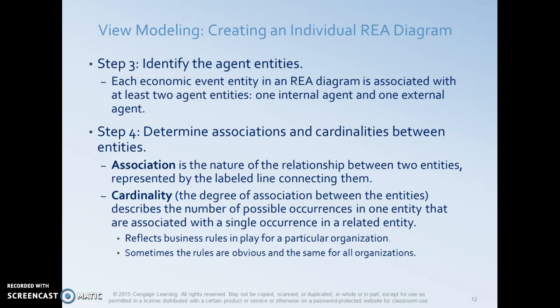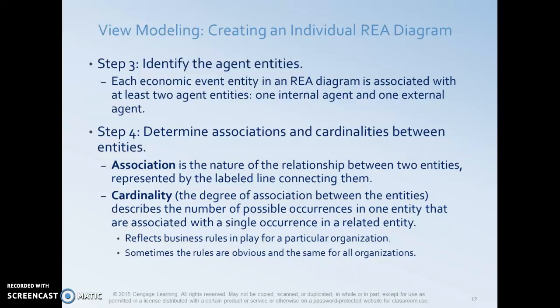So step 3 and 4, you're going to identify the agent entities. Each economic event entity in an REA diagram is associated with at least two agent entities, one internal agent and one external agent. So we're going to determine the associations and the cardinalities, which just means relationship, one-to-one, one-to-many between the entities.